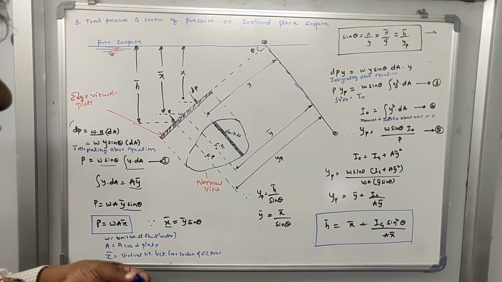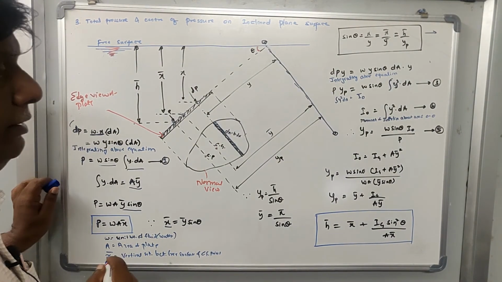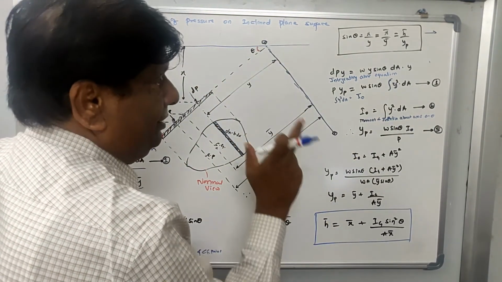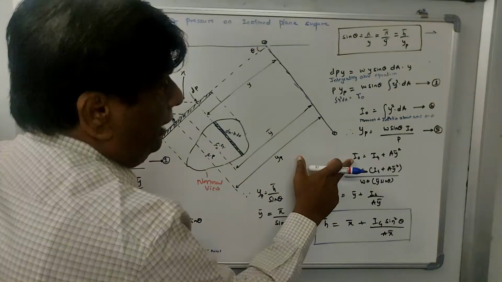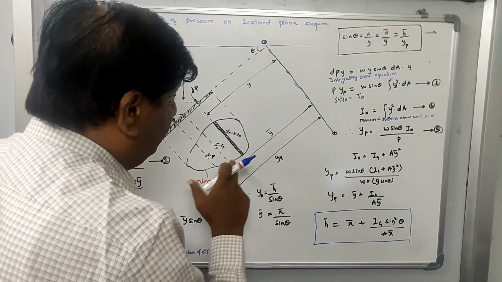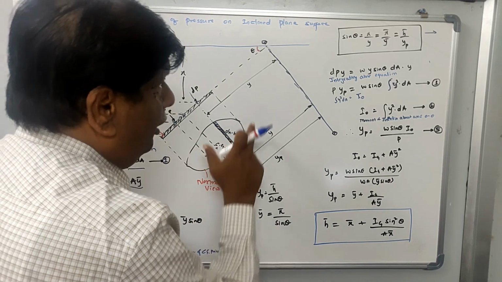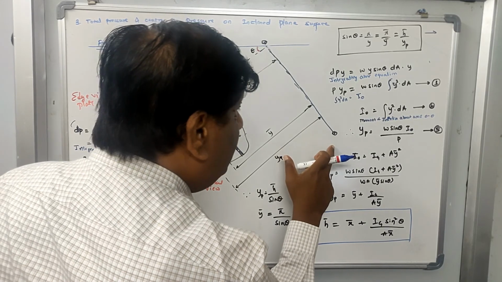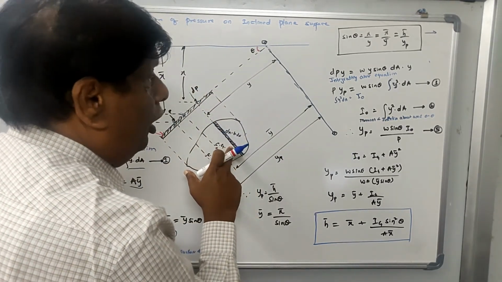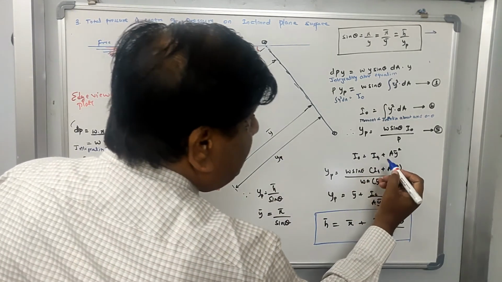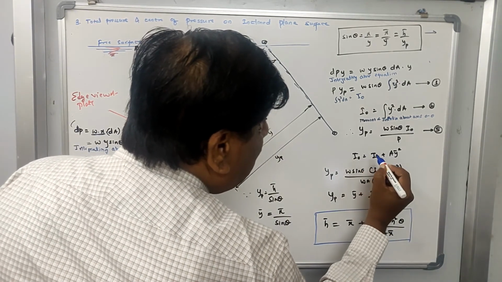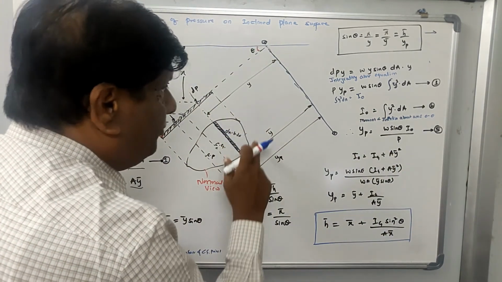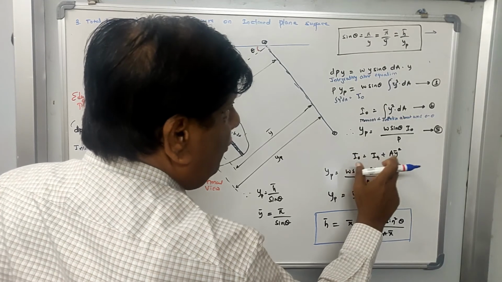Also we know from mechanics the moment of inertia of any body about any axis. I naught is the moment of inertia of this inclined plate about the axis OO. This is equal to the moment of inertia of the same plate about its centroidal axis, IG, plus the area of the plate A times y bar square.